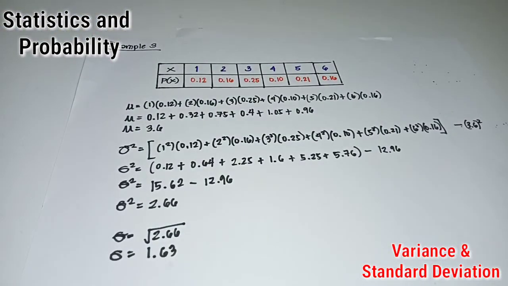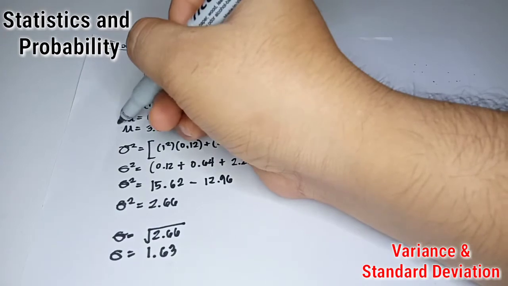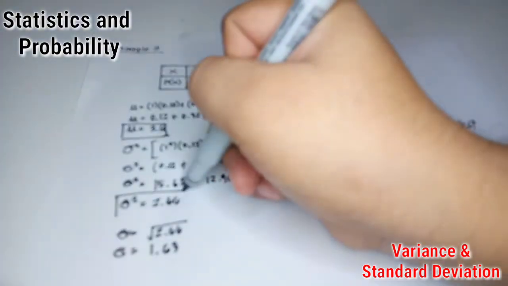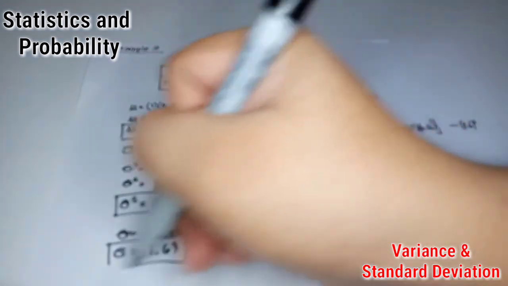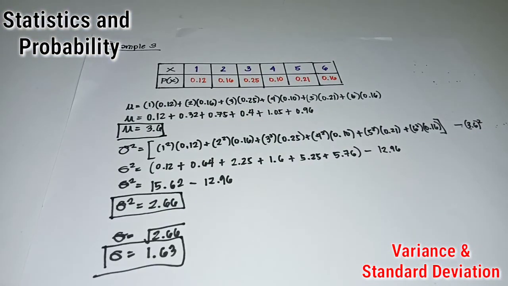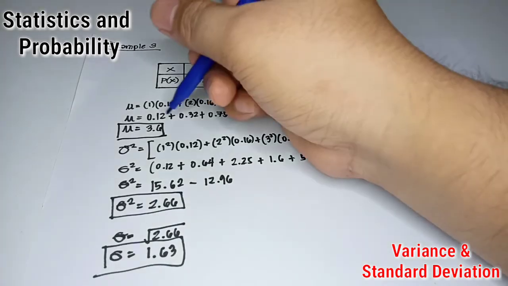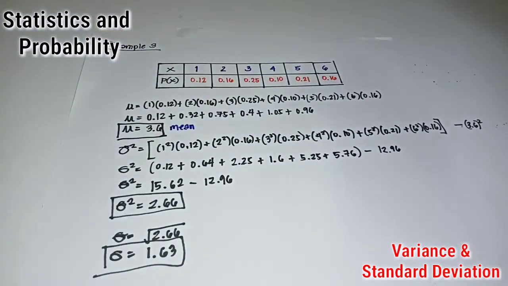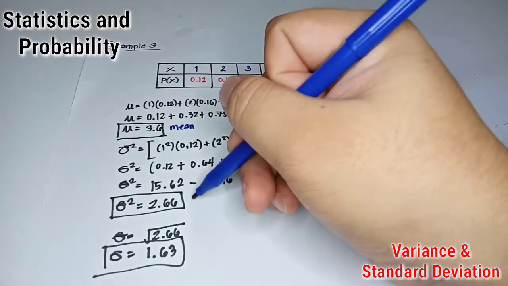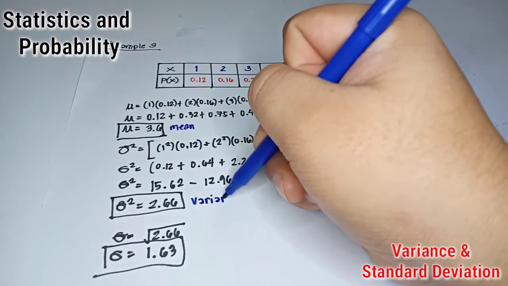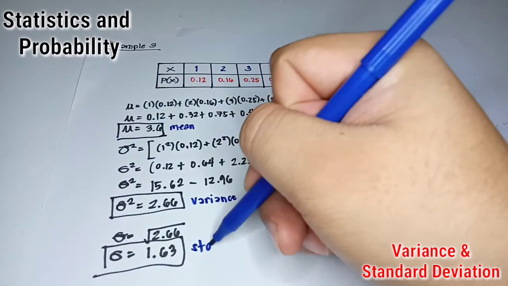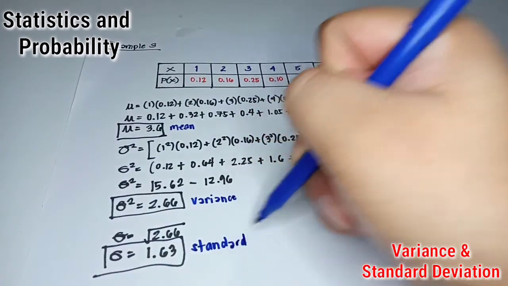Okay, so that's correct. So our mean is 3.6, our variance 2.66, and standard deviation 1.63. Again, 3.6 is our mean, denoted by mu. 2.66 is our variance. And lastly, 1.63 is our standard deviation.